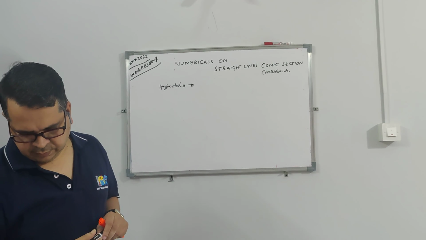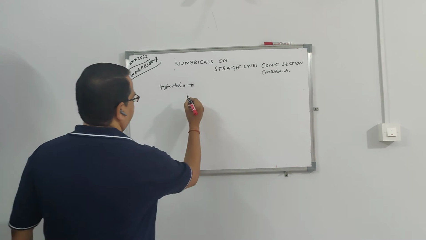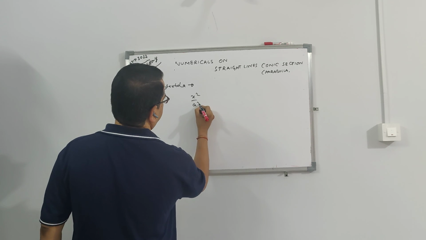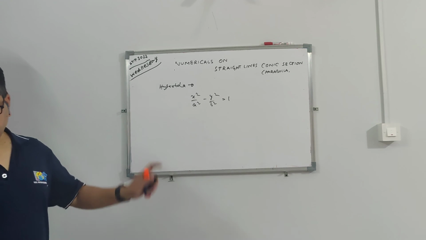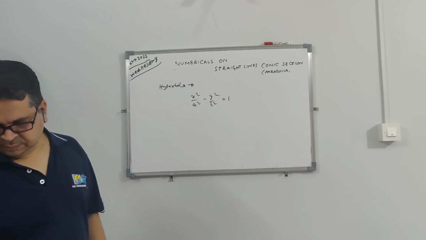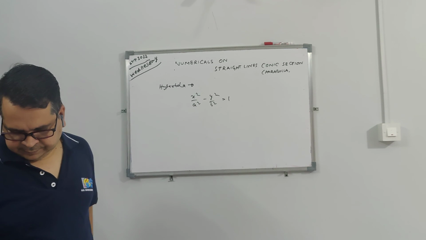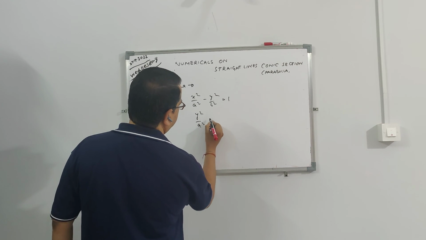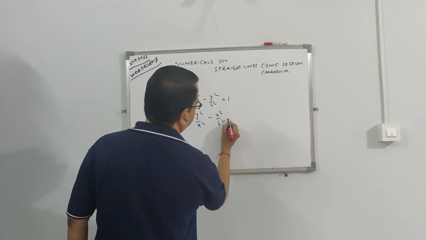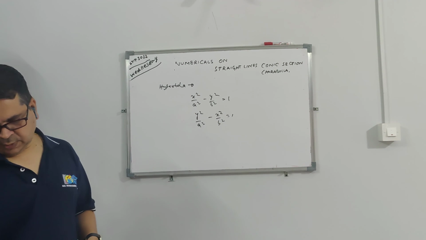For the hyperbola, the governing equation is x square by a square minus y square by b square is equal to 1. In ellipse it was plus, here it is minus. And its conjugate hyperbola is y square by a square minus x square by b square is equal to 1. That is the conjugate hyperbola.